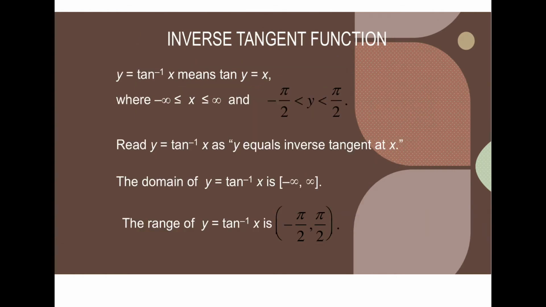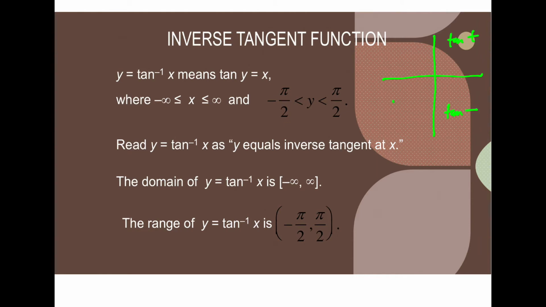So y equal to tan inverse of x means tan y will equal x. So x now is unrestricted from negative infinity to positive infinity. The y outcomes will only fall between negative pi over 2 and pi over 2. Looking at the negatives and the positives, we keep in mind the tangent is positive here and tangent is negative here.